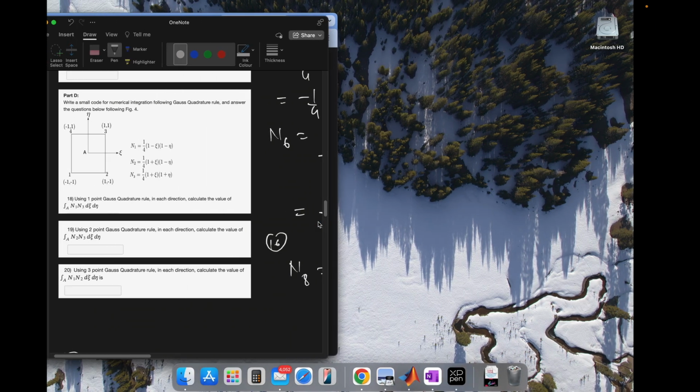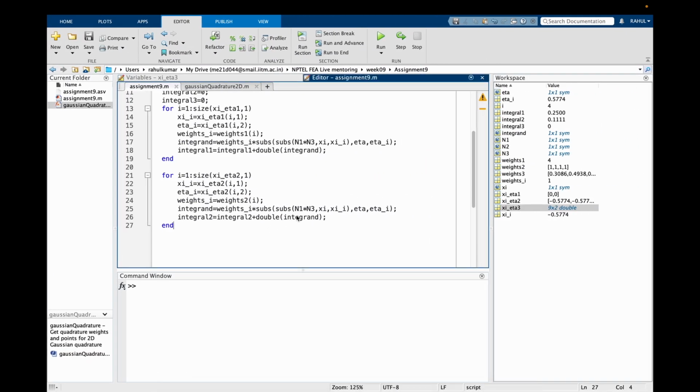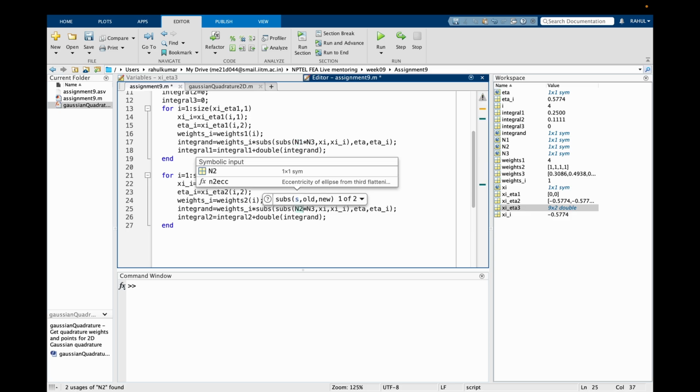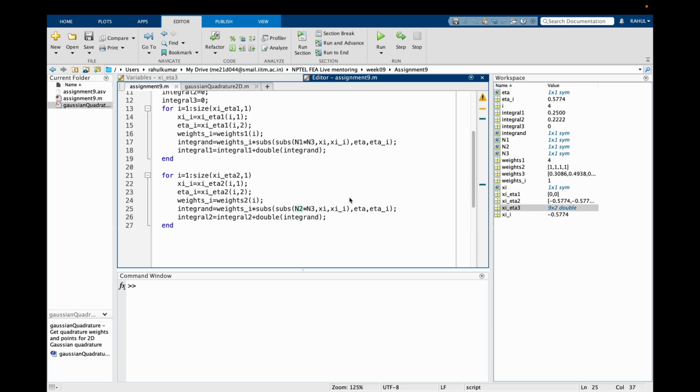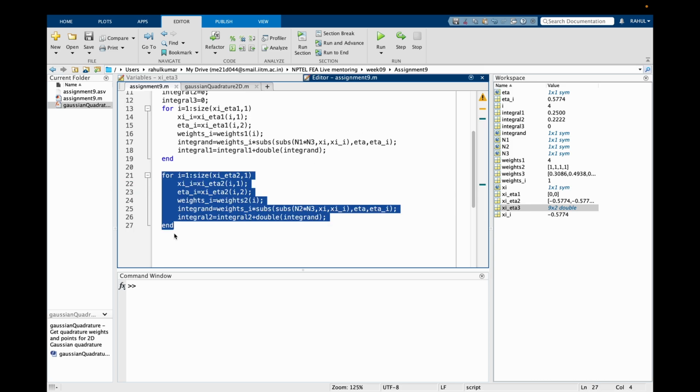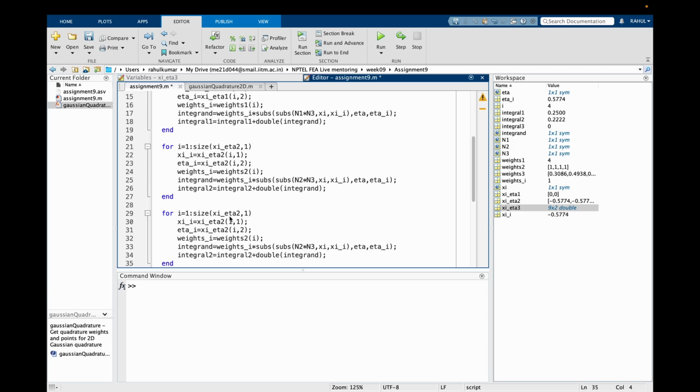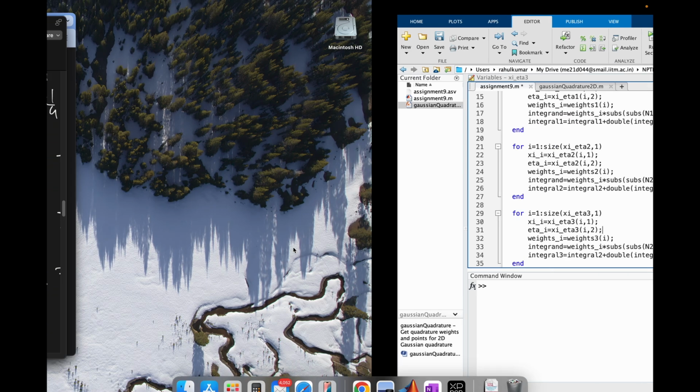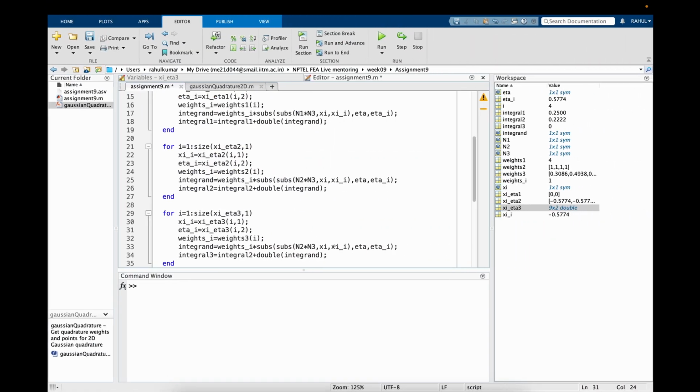Yeah, here n1, yeah, okay, and we need to use n2, n3. So yeah, we are getting 0.222. Okay, now let's find the third one, that is 3, 3, 3, 3 here also, and this time we have to find n1, n2.